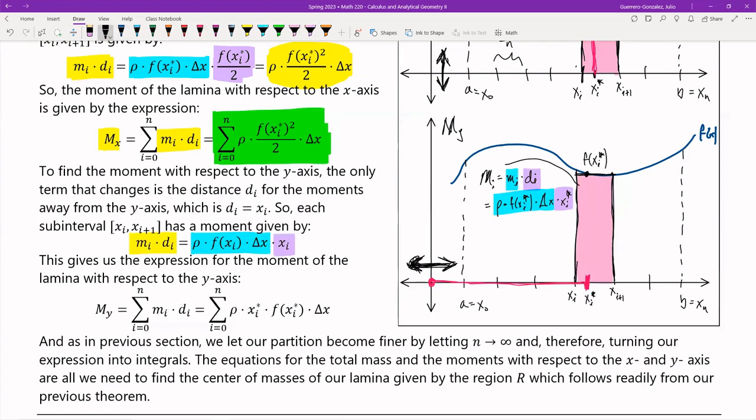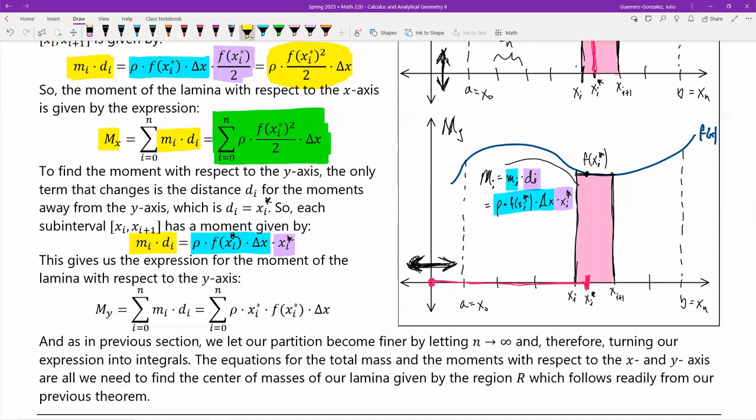And look at me go, all of these are missing stars on them. Just make sure you add them in. That ends up giving us this expression right here. So this right here is the moment for this particular rectangle with respect to the y-axis.